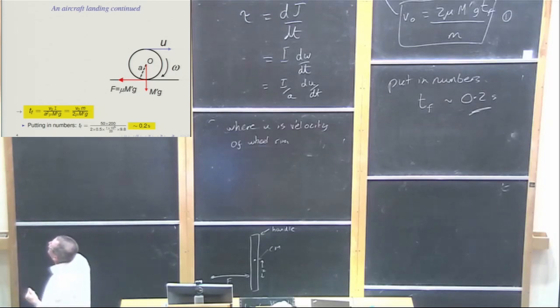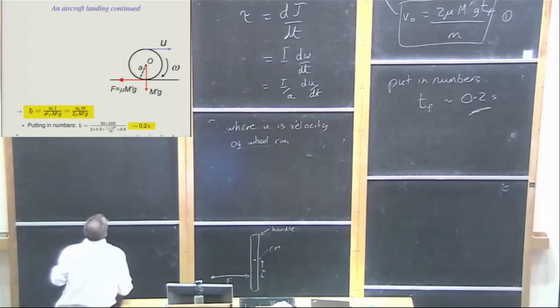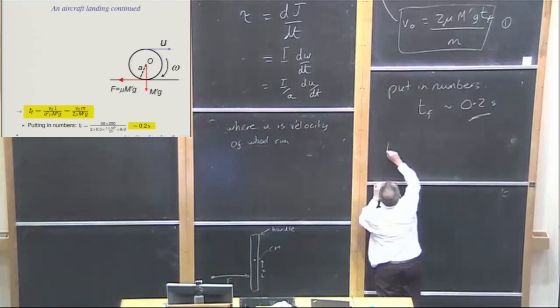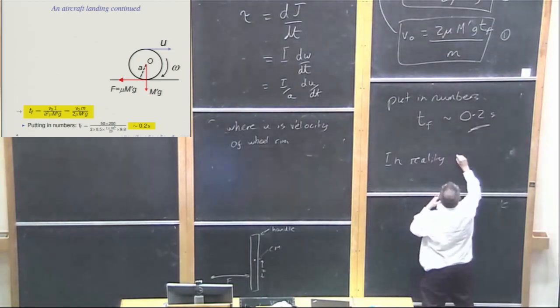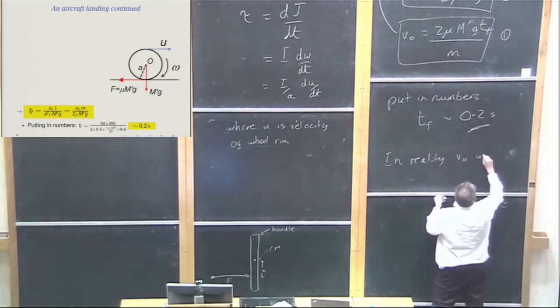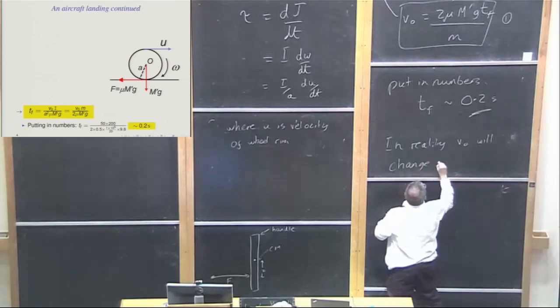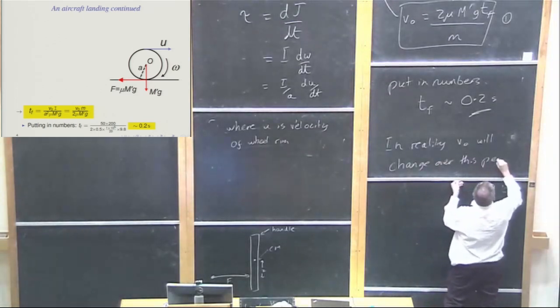So that energy must come from somewhere, and it comes from the plane. So this is actually going to be slowing the plane down. So in reality, the velocity v0 will change over this period.